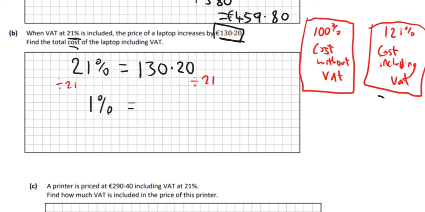And when you know what 1% is, then you can get any other percentage that you want. If you divide that on the calculator, it'll probably come up as a fraction, 130.20 over 21, and that's okay, you can leave it like that. Then if you want 100%, you multiply by 100, or to go straight to 121%, you multiply by 121.